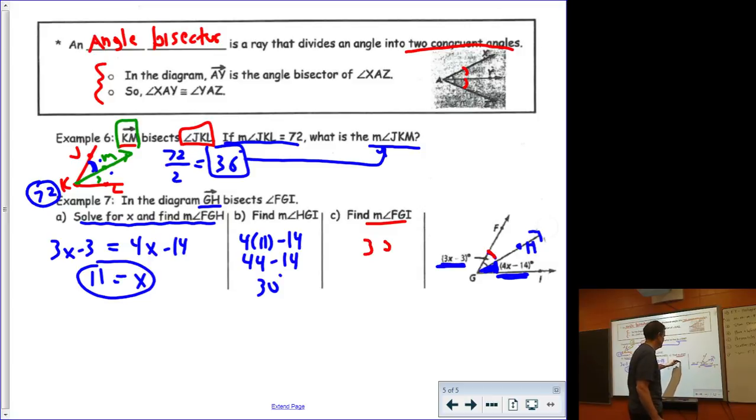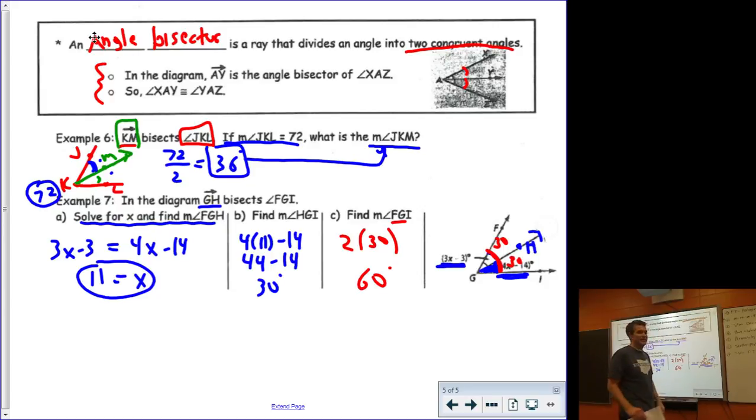It's also going to be 30 degrees, because that whole thing got bisected. Uh-oh, I said that wrong. FGI is the whole thing, so if each half is 30 degrees, then FGI would be 2 times 30 degrees, or 60 degrees. There we go. Good luck.